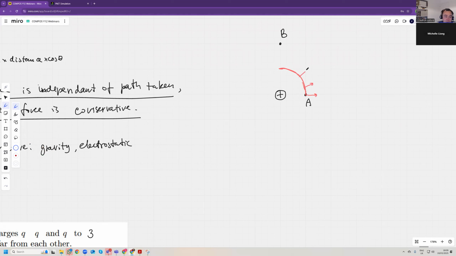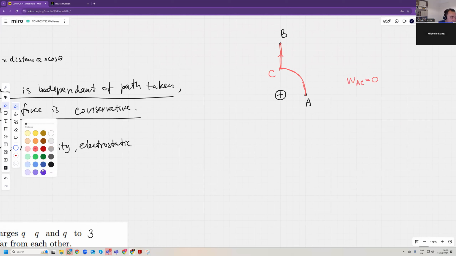So the force is like this. If the force is perpendicular to the movement, the work done is 0. So the work done along path AC is 0. And then the work along CB is force times the distance between C and B.